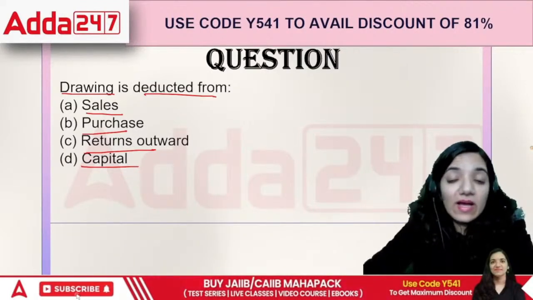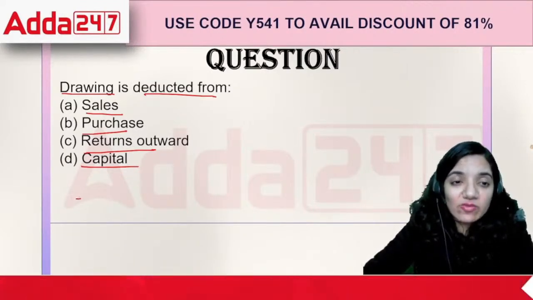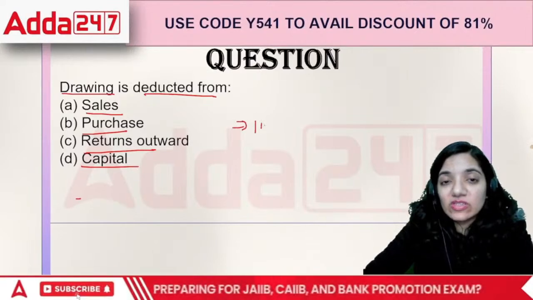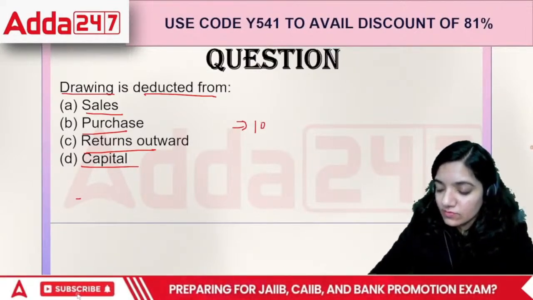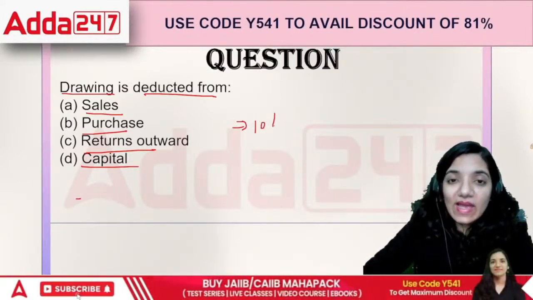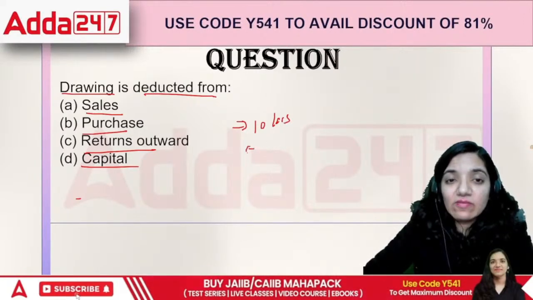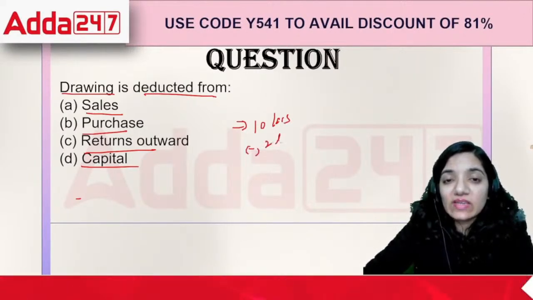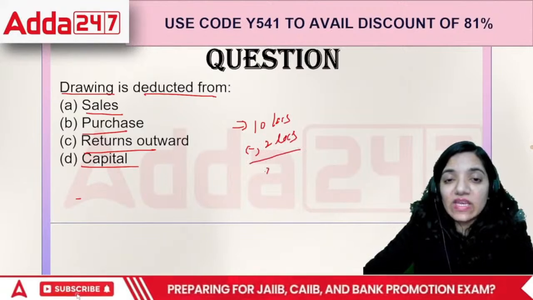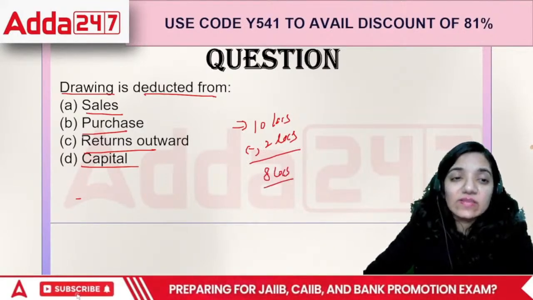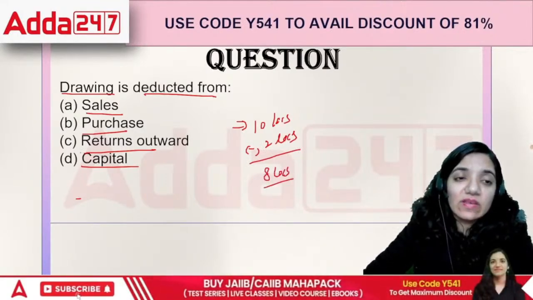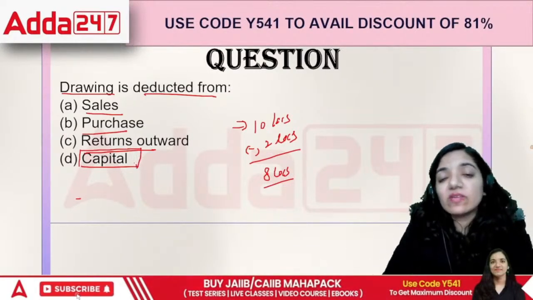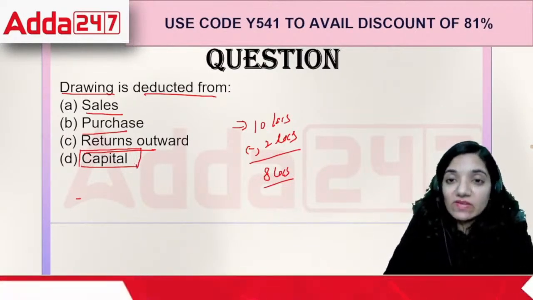For example, I introduced 10 lakhs into the business and then I withdrew 2 lakhs out of it, right? So that gives 8 lakhs. That simply means if I withdrew some money, it is reducing my capital, isn't it? The money which I have invested in the business.